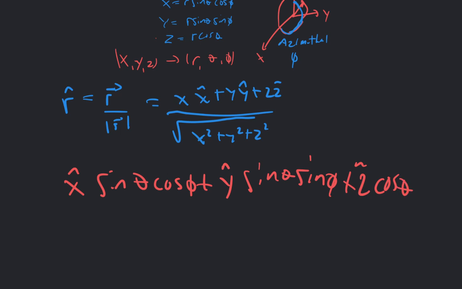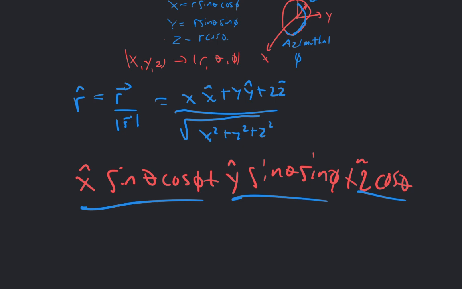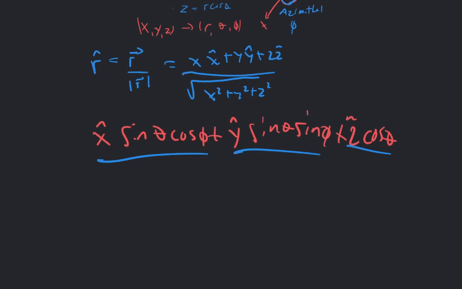This looks a lot like the substitution we use to make cylindrical coordinates, except without r in there. And this is known as r hat.